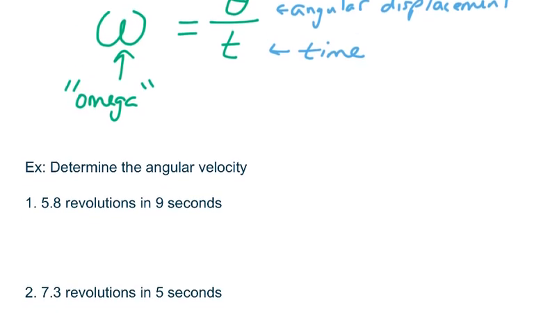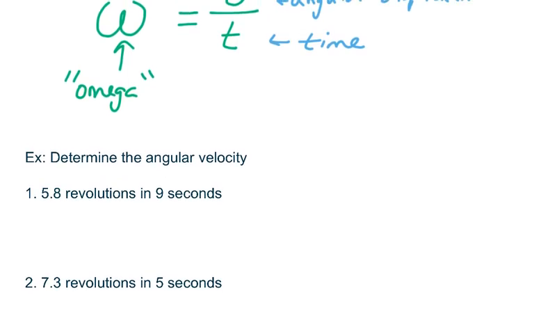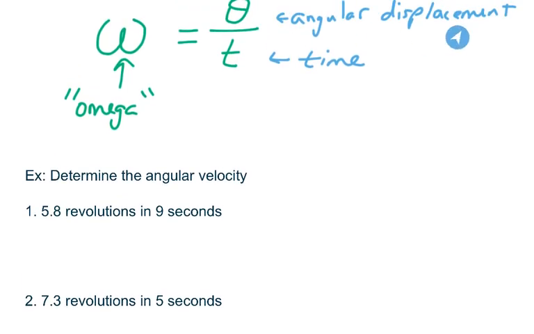So let's try a couple of examples here. 5.8 revolutions in 9 seconds. Now we need to know the angular displacement first, and we don't know that because we just have the number of revolutions. So we need to find our angular displacement, but we can also put in our time at the same time.